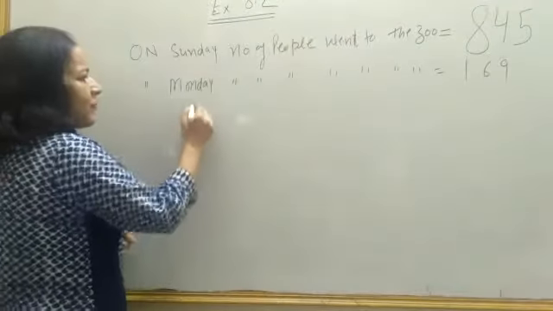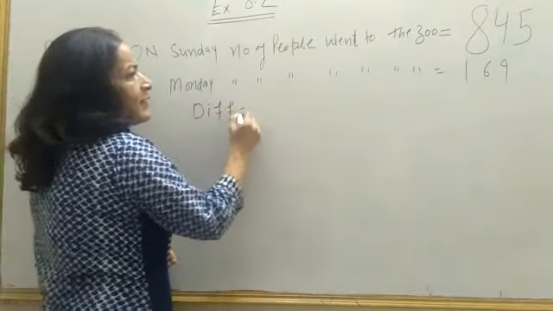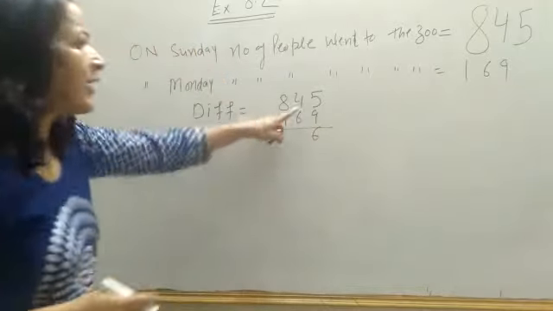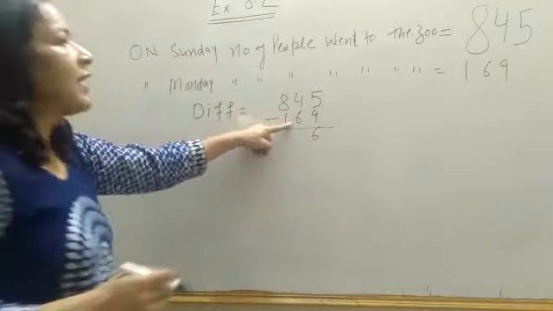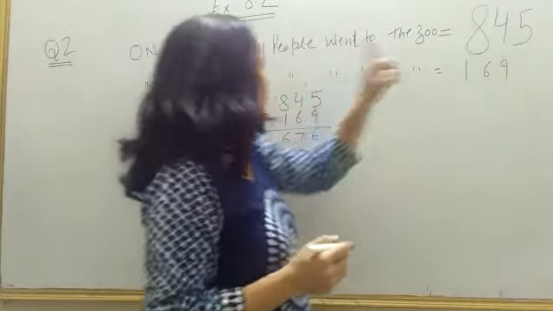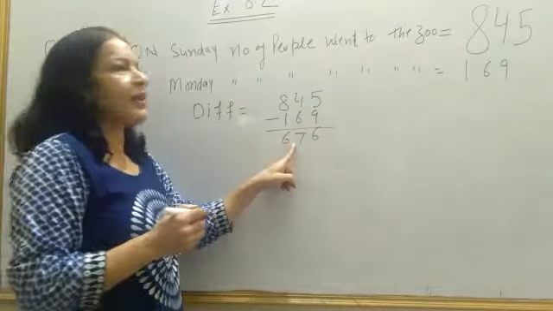So let's see the difference. On Sunday there were 845 people and on Monday it was 169. So the difference: 15 minus 9 is 6. 13 minus 6 is 7. 7 minus 1 is 6. The difference is 676.